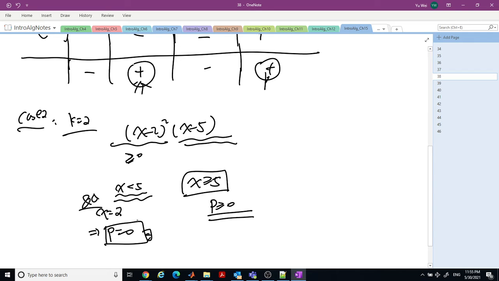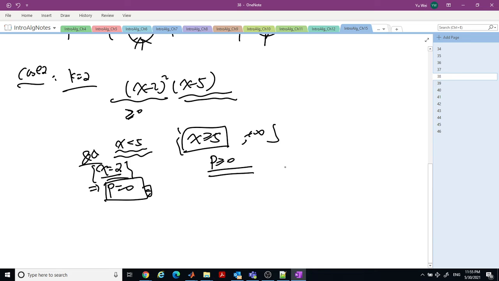So we still have two intervals that can satisfy this if k equals 2, so it doesn't work.